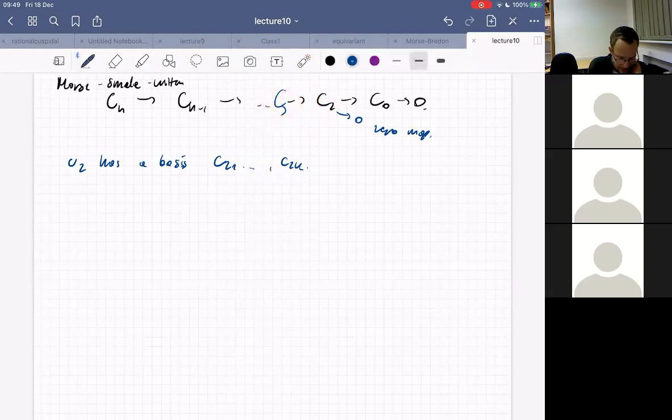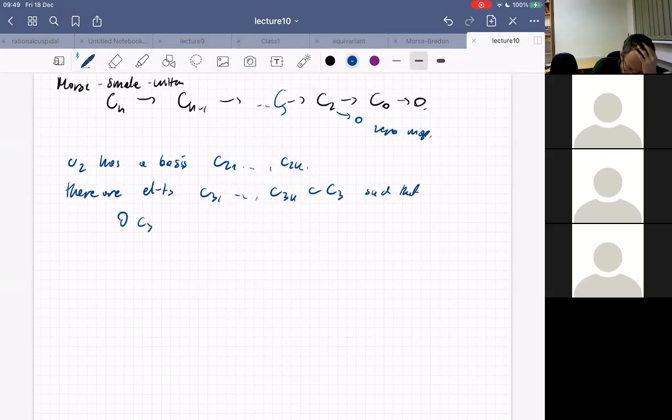So there are elements C_{31}, up to C_{3K} in C_3 such that the boundary of C_{3i} is C_{2i}.